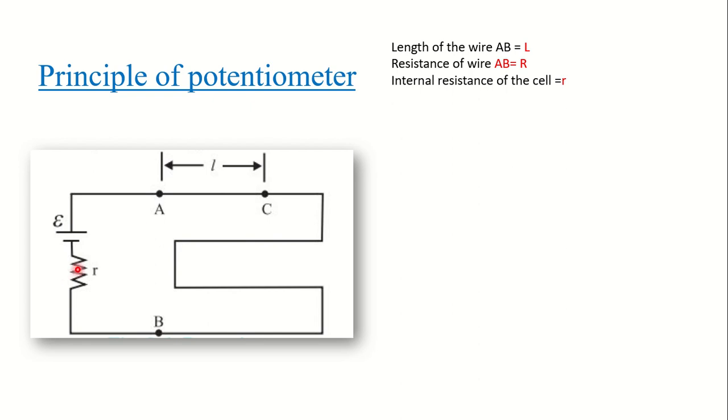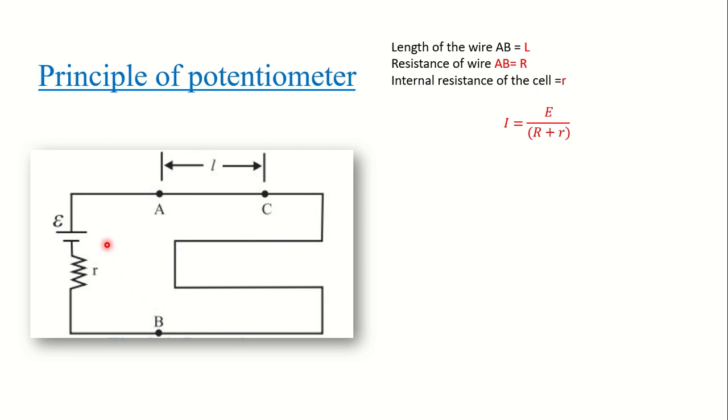Now the small r represents the internal resistance of the cell. Here a cell is connected across the points A and B, which will produce a current flowing through the wire. Between A and B, a current will be flowing.